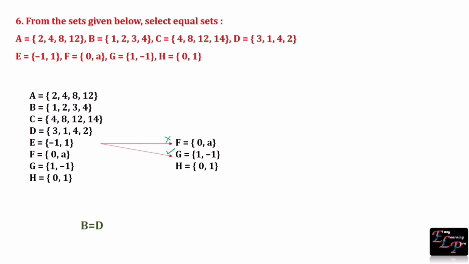So these two are equal sets. E and H are not equal. So the equal sets are E and G. Next, we are going to compare F with the remaining sets. Next, set G with H. So the only equal sets are B and D, and E and G.